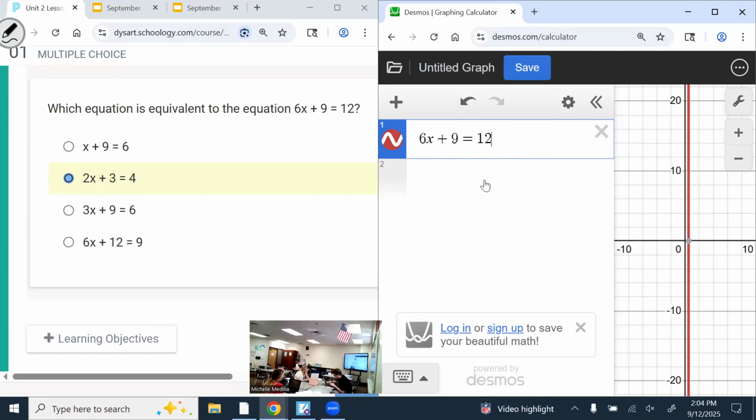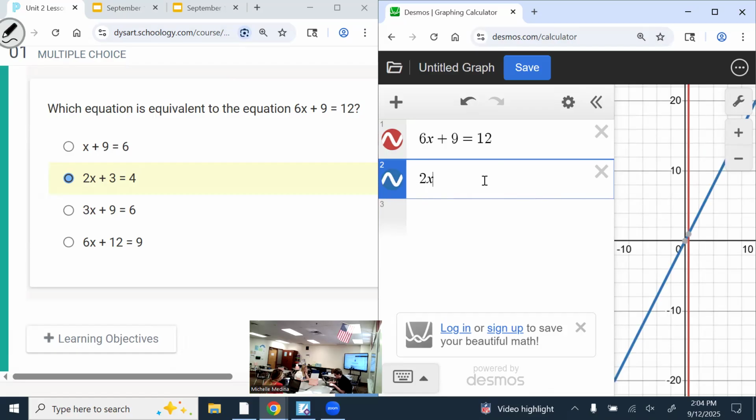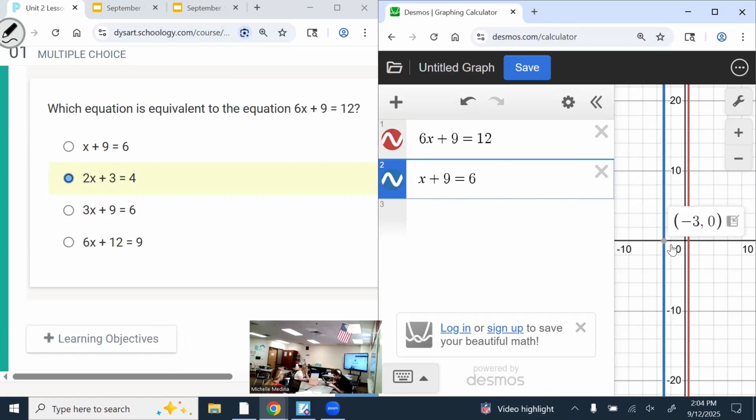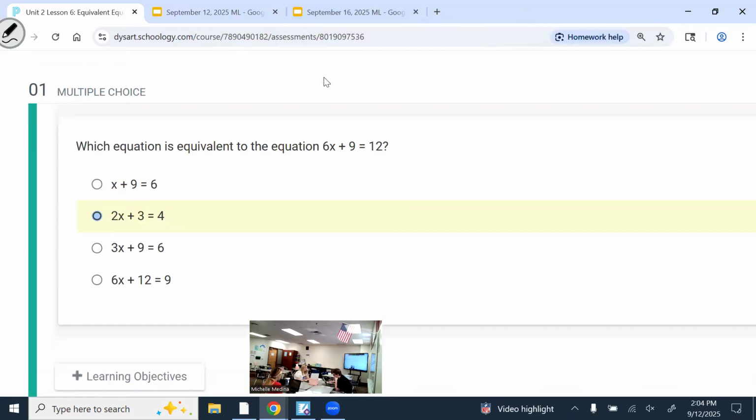So 6x plus 9 equals 12, 2x plus 3 equals 4. It makes the same line, they cover each other, then that's another way you know it's equivalent. If I change this to one of the other answers, like x plus 9 equals 6, that's not equivalent because I can still see the red line, it doesn't cover it. Does that make sense? Yeah. Okay. Any other questions, anyone?